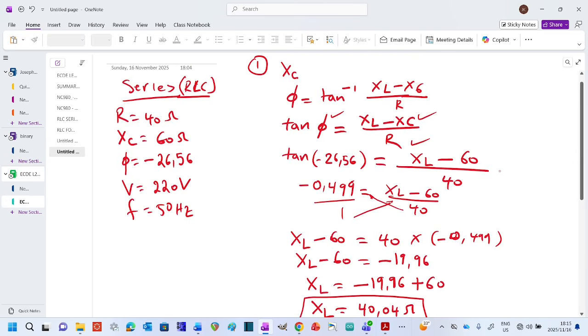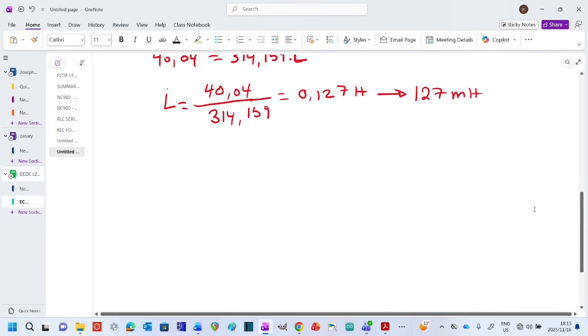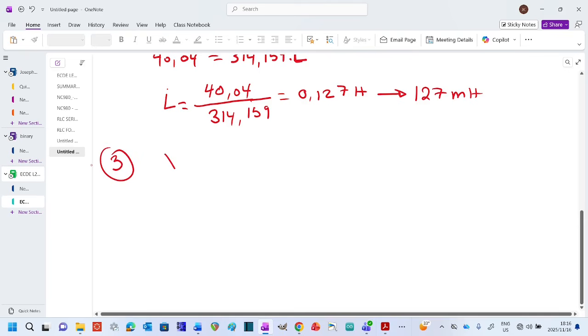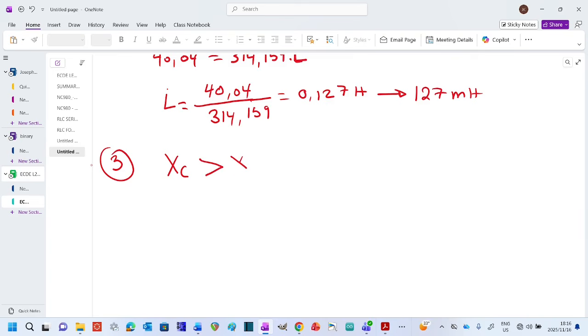And our XC was given to us here. It was 60 ohms. So before we even draw the phasor diagram, we know that XC is bigger than XL, which means capacitive reactance.